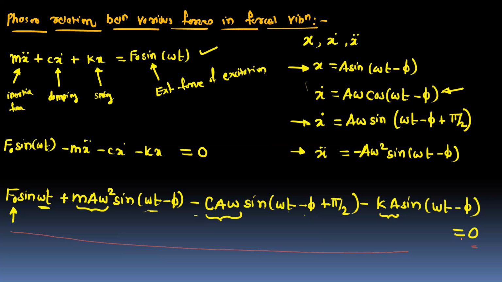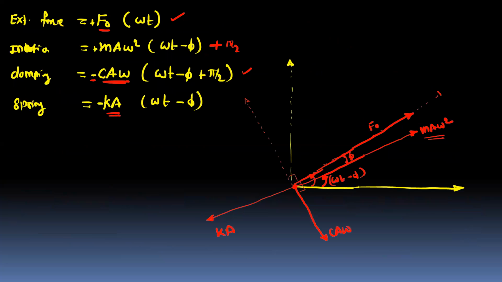Similarly, we will get the closed polygon here if you arrange these forces in a specific order. So we will try to draw these forces in a proper sequence so that we get the closed polygon.